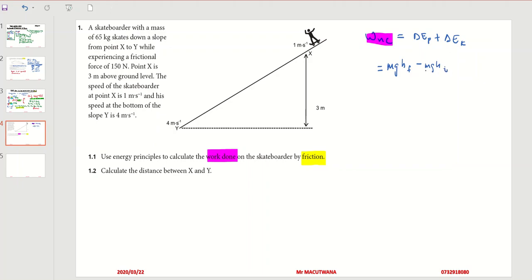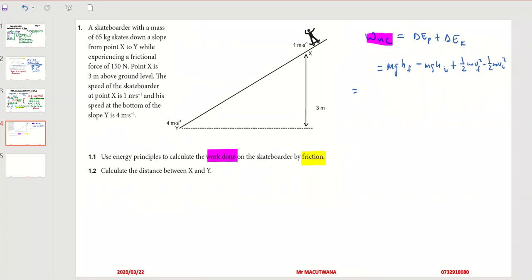Remember, this is your potential energy plus half m v_f squared minus half m v_i squared.